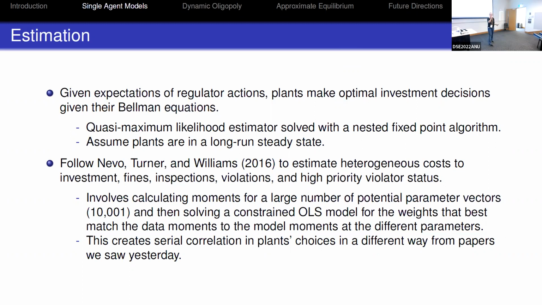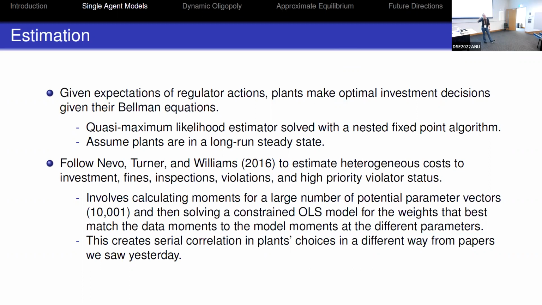But I'm calling them weights because they're going to be between 0 and 1 and sum to 1. And so this is effectively saying, like, each of us could be different, but we're from some number of types, potentially 10,001 types, but we're going to estimate what share of each of us are in each of these categories.